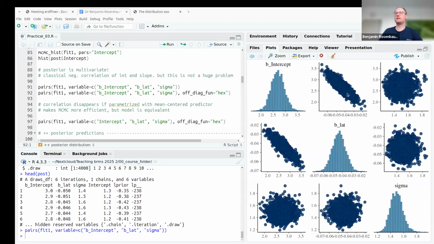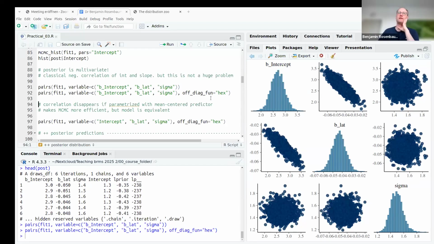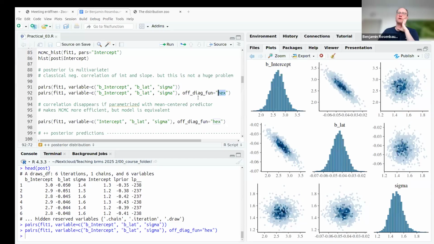Since you can't see much there, you can also specify this with the off-diagonal function that you see here. This is a density, so dark shades mean higher concentration of samples and light shades mean a lower concentration of samples.